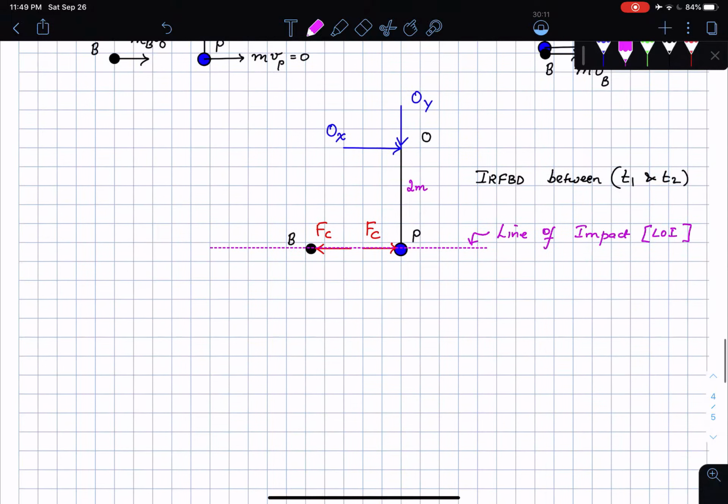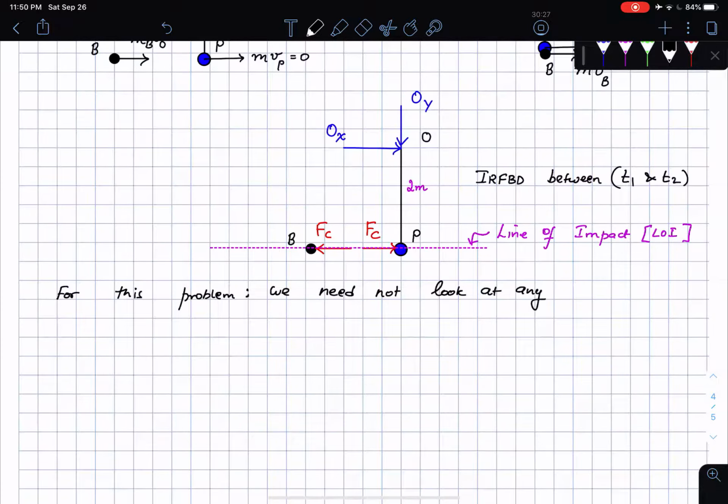So for this particular problem, we need not look at anything that is perpendicular to the line of impact. That's something that I already know.